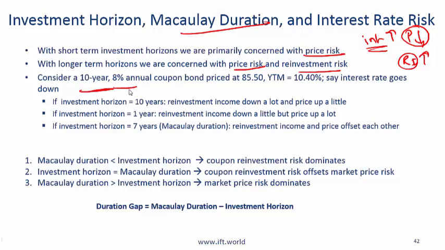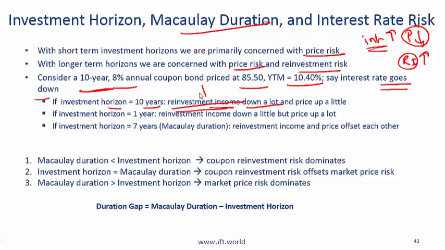You have a 10-year 8% annual coupon bond, you buy it at a discount, you have a certain YTM, and let's say interest rates go down. Now whether you are happy or not depends on your investment horizon. If your investment horizon is 10 years, then interest rates go down, so reinvestment income will come down a lot. Why? Because originally the rates were high, now rates have gone down.